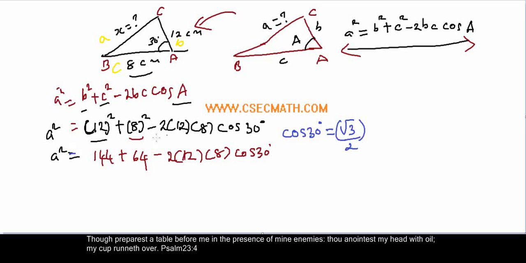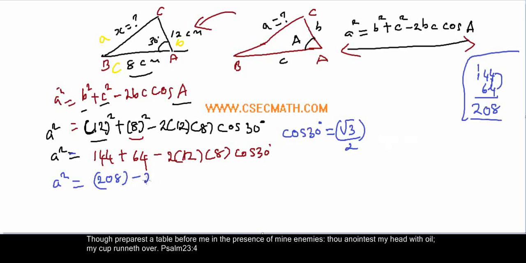So substituting that information, A squared is equal to, use the rough column to add 144 with 64: 4 added with 4 gives you 8, 6 added with 4 gives you 10, carry 1, it's going to be 208. So we have 208 negative 2 multiplied with 12 multiplied with 8, which in turn is multiplied with cos 30, which is root 3 over 2.